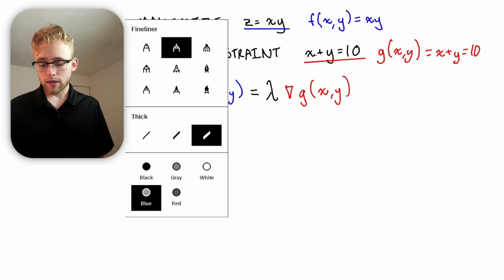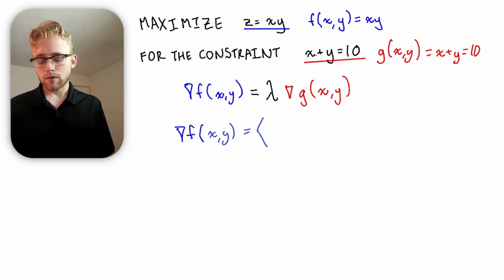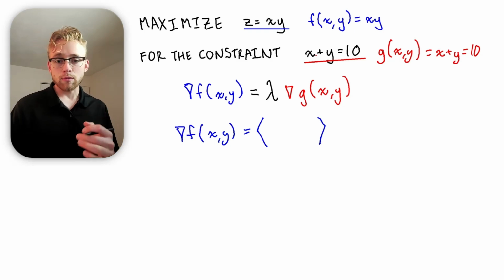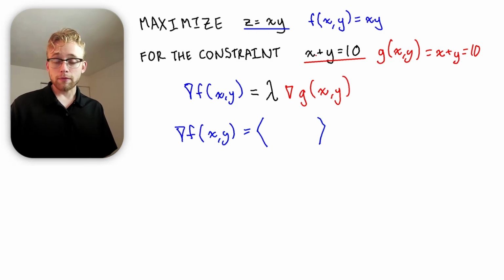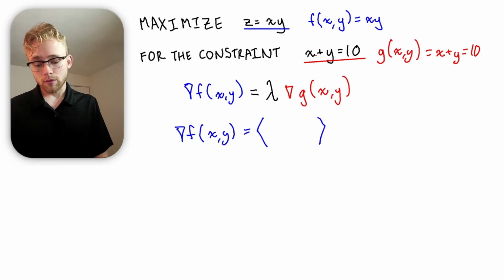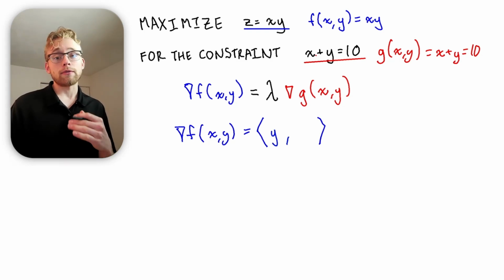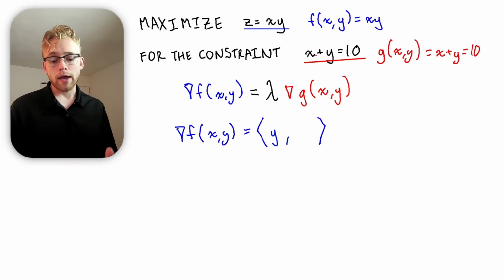The gradient of f of x, y is a vector with two components, because it's a function of two variables. The first component is the partial derivative of f with respect to x, which is just y. The second component is the partial derivative of f with respect to y, which is just x in this case.